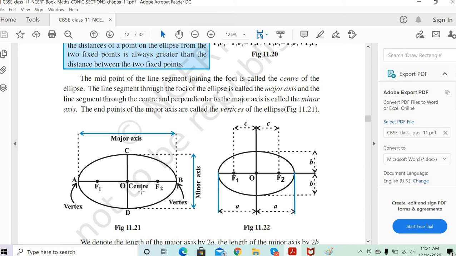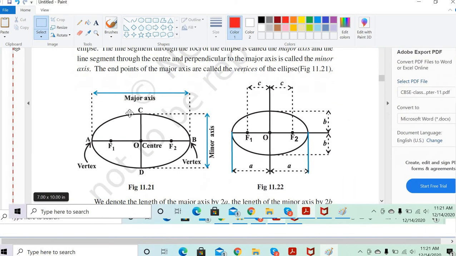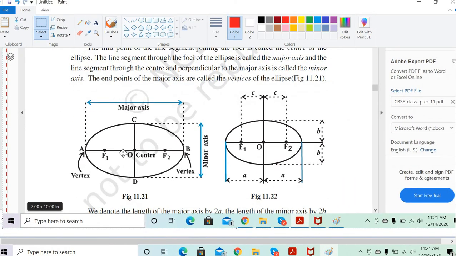So the midpoint of the line segment joining the two foci is called the center of the ellipse. Once you draw the figure 11.21, you will understand how the center will look. So you have the two focus F1 and F2, whatever we discussed here, correct?